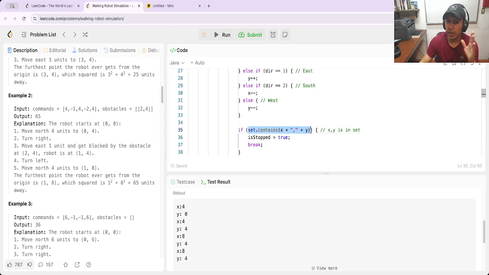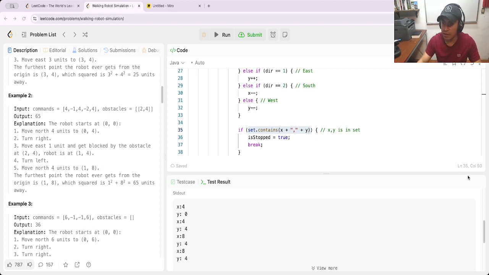For example, if the direction is an, oh my god, I always forget the translation to English. Okay, if it's an even number, apply this conditional. In other case, apply the opposite way.